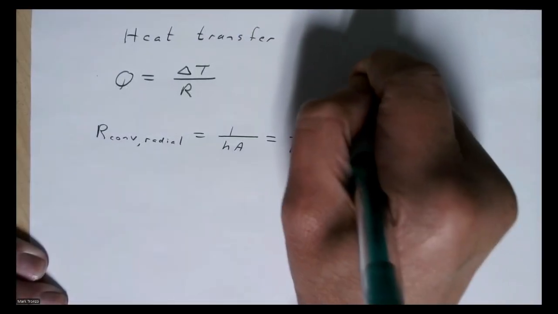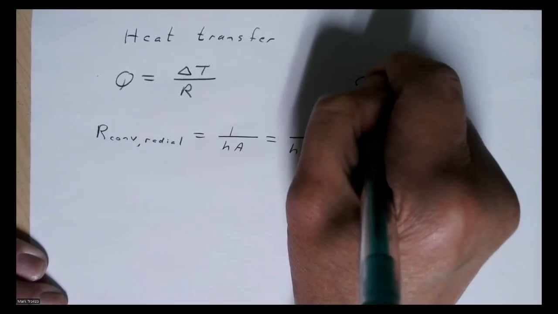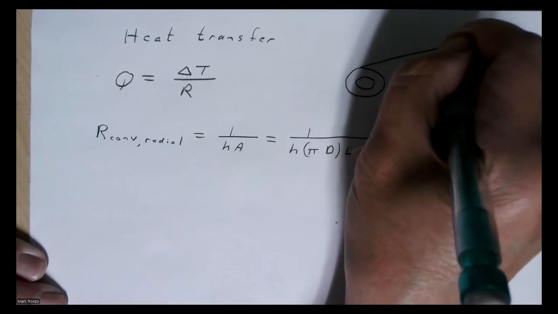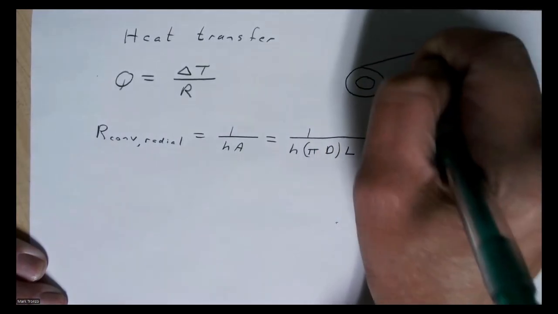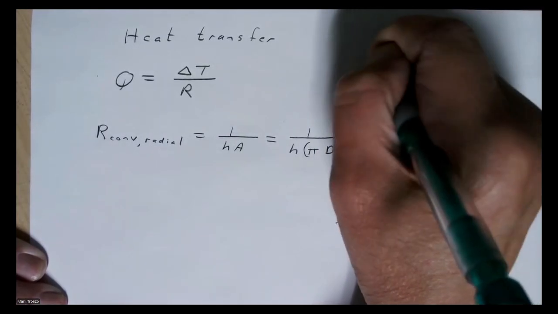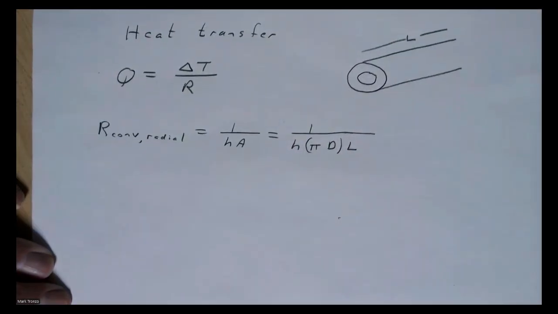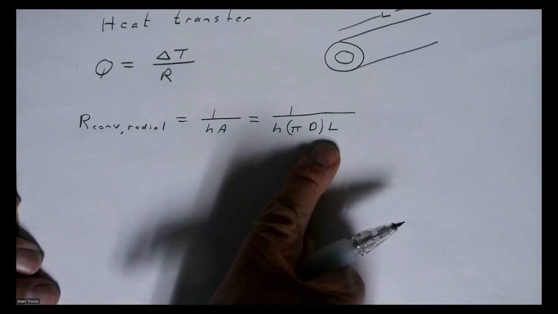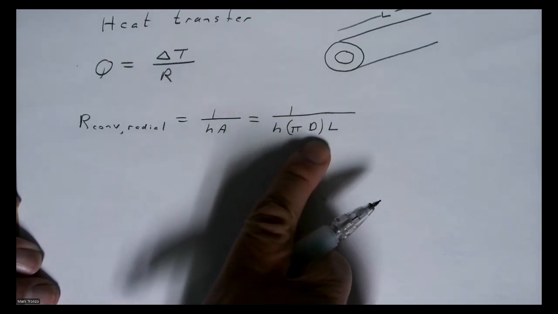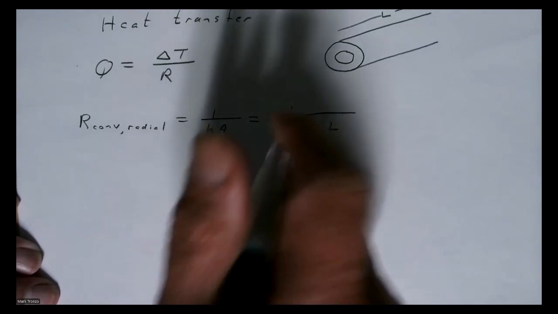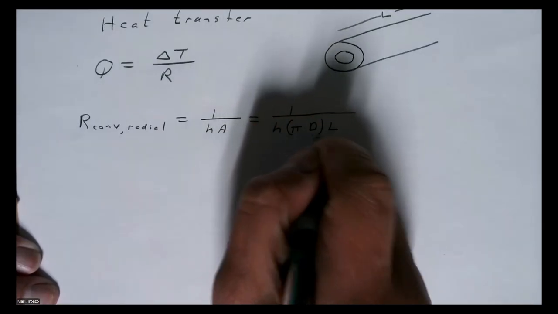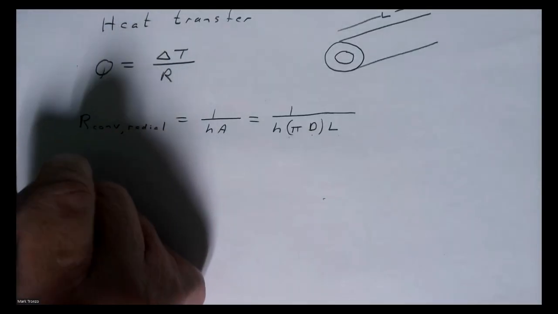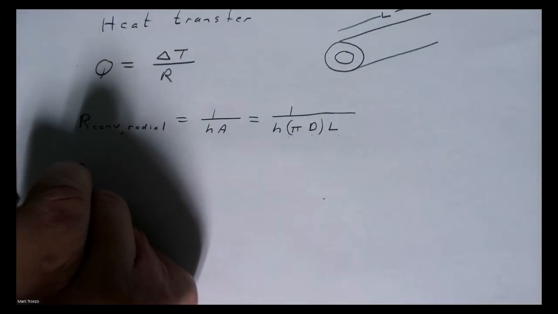So, if you had a pipe like this, it's going to be the length of the pipe, and then times pi times the diameter. Again, this is going to be the circumference, so the circumference times the length is going to give us the radial area.